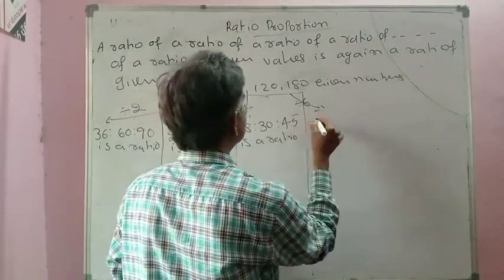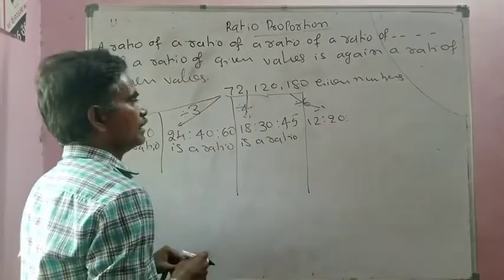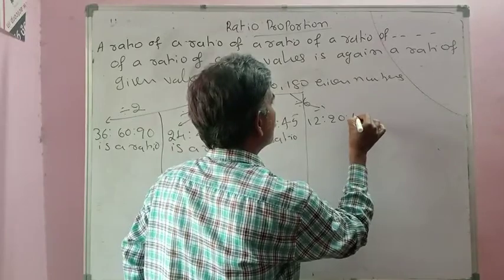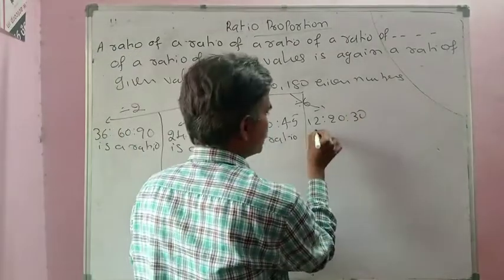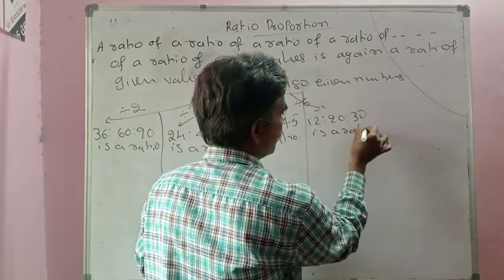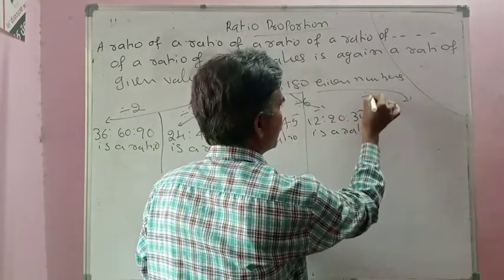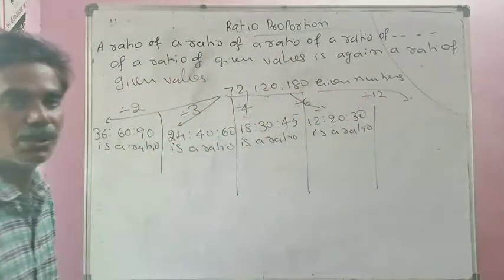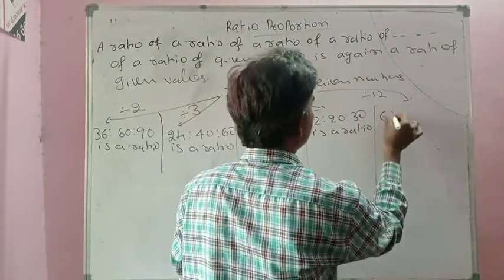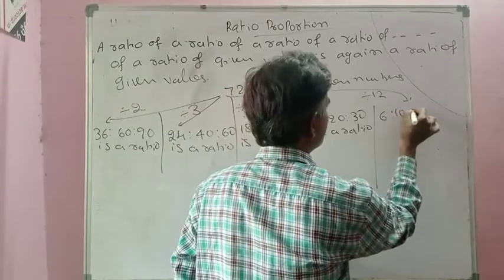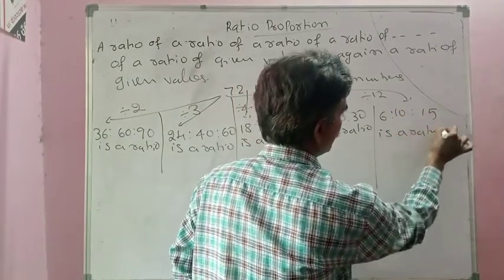Then we will get 12, 20 and 30. So it is a ratio. And let us find another ratio of these values. Let us divide these values by 12. Then we'll get 6 is to 10 is to 15, a ratio.